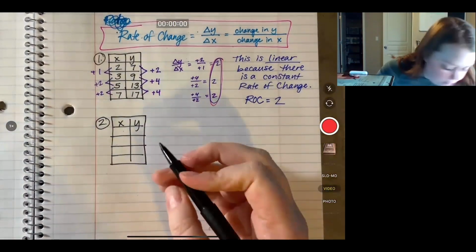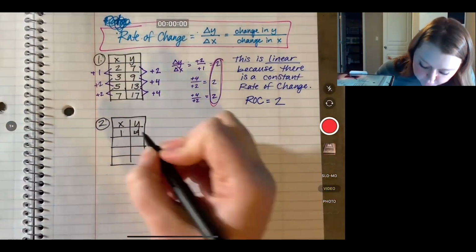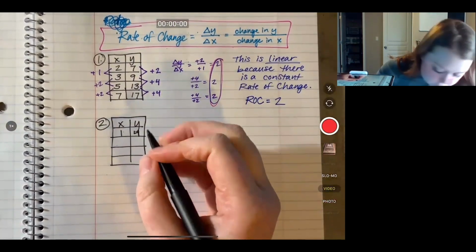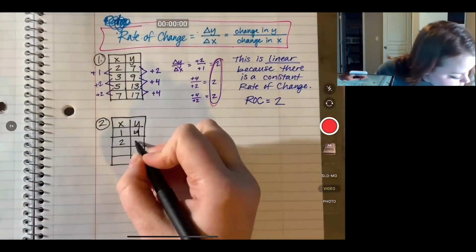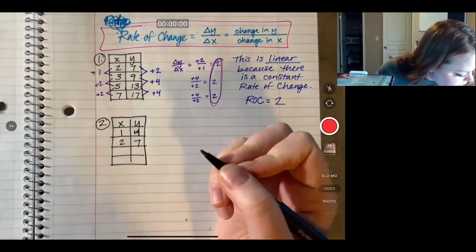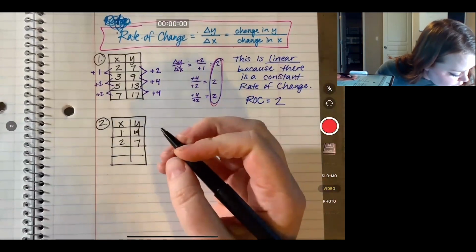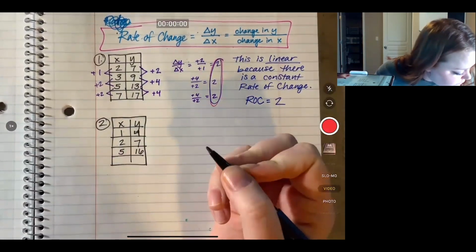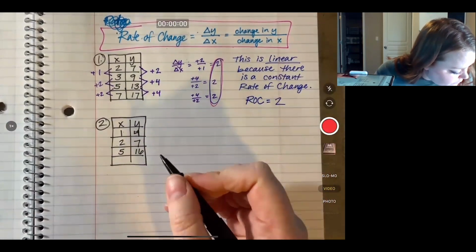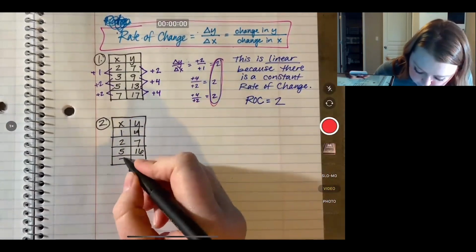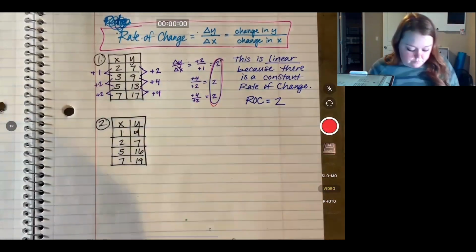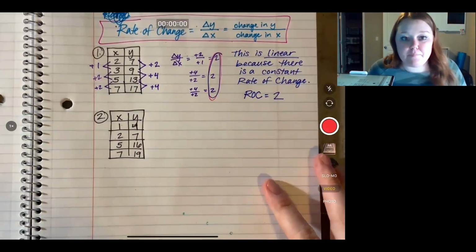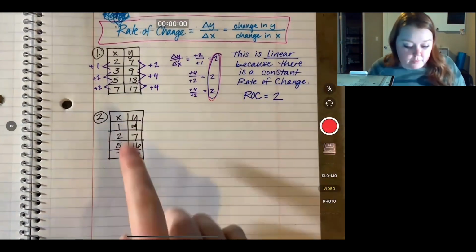Okay, here's your first ordered pair. 1, 4. 2, 7. 5, 16. And 7, 19. Okay. That's an ugly 4, by the way.